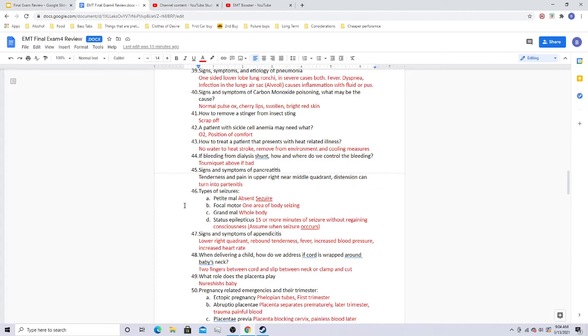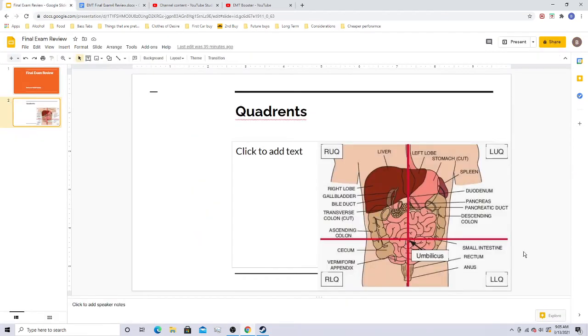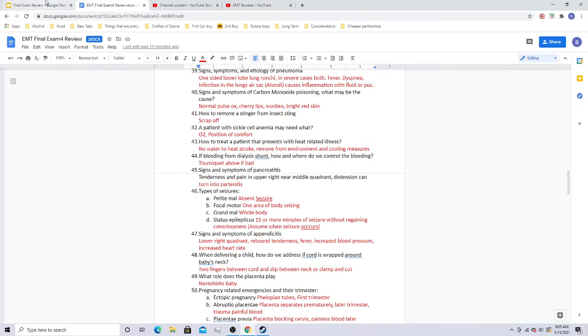Signs and symptoms of pancreatitis. Tenderness and pain in the upper right quadrant near the middle of the system. We'll go back right here. You'll see the midline right here next to the umbilicus. Right there, you'll see pancreatitis.